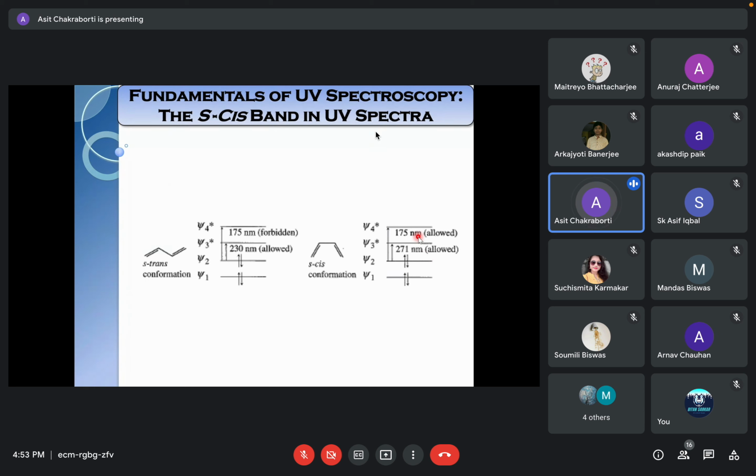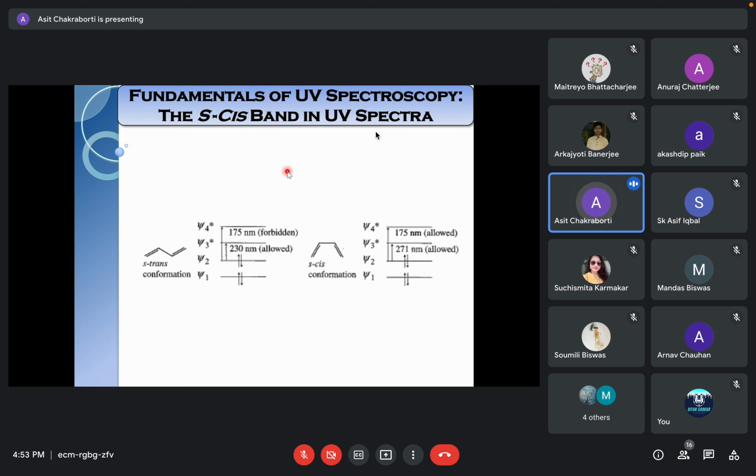What is important is that whatever was not visible in this structure becomes visible in this structure. So you get an extra band due to this stereochemical change. Since the molecule is in S-cis form, this band is called the S-cis band in UV spectroscopy.